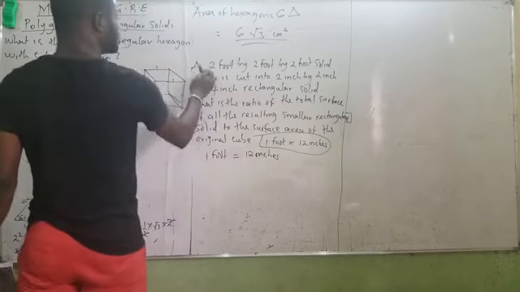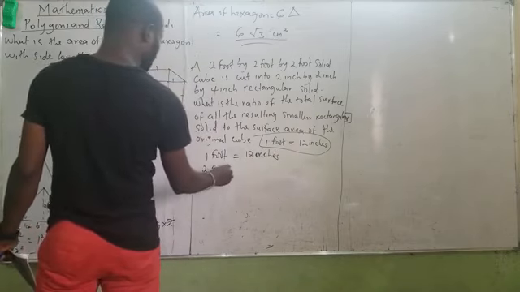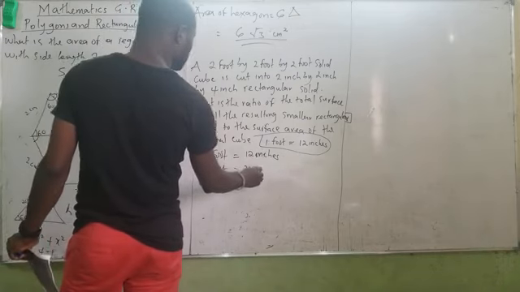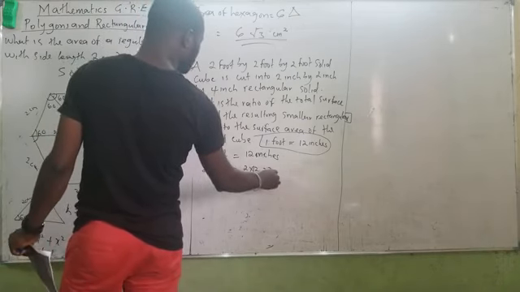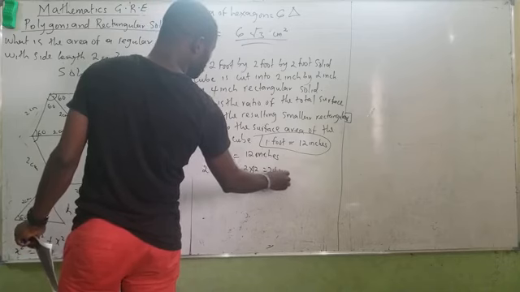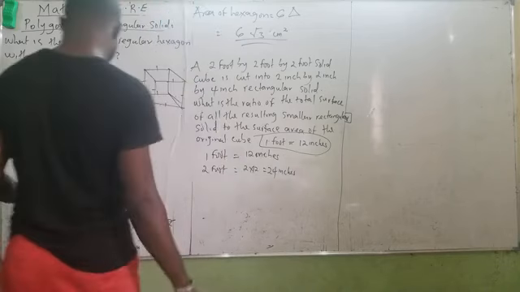Now, it means 2 feet will be equal to what? 2 multiplied by 12, which is going to be 24 inches. Which we all know.